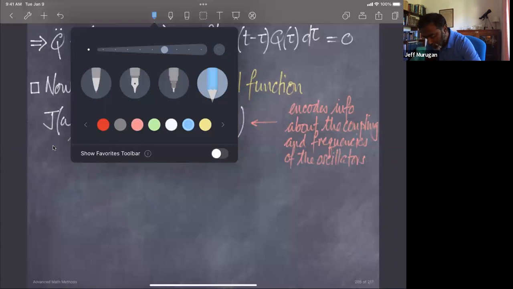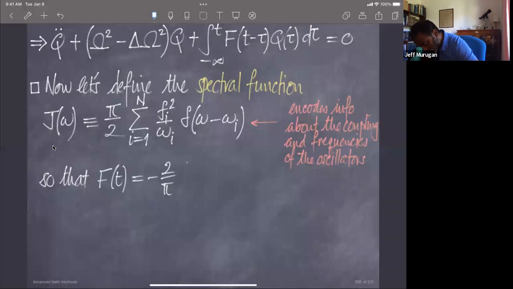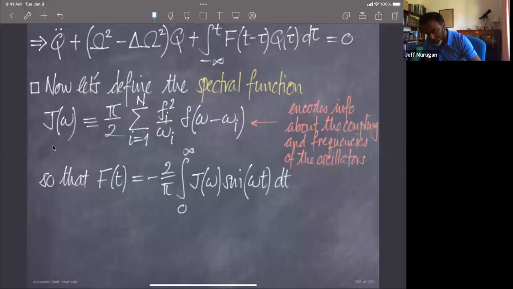And in terms of this spectral function, I can write the memory function, F of t, as minus 2 over pi, integral from 0 to infinity of J of omega sine of omega t d omega.